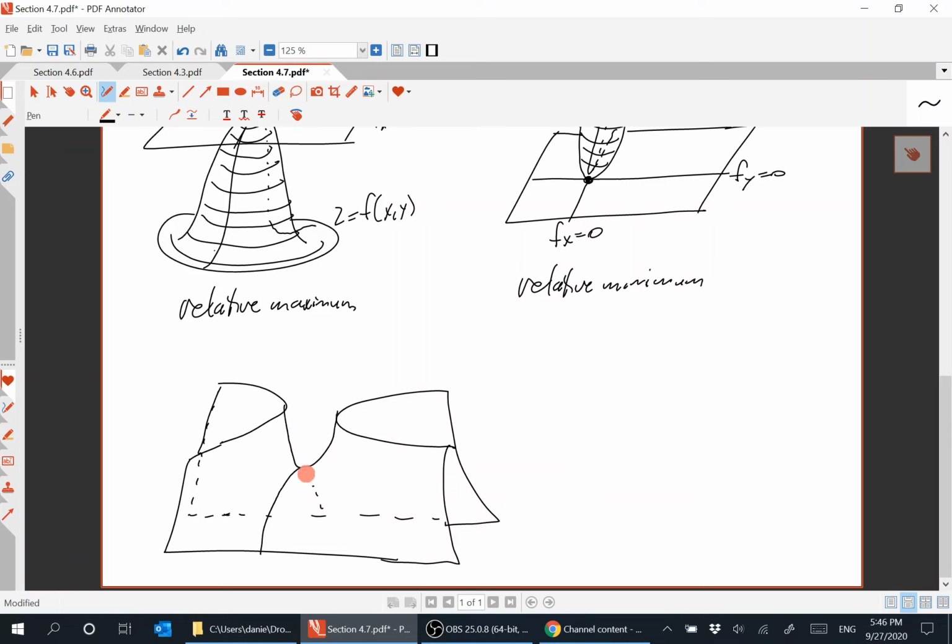So here in this picture, this would be fx, and it's equal to 0, this would be fy here, and that's equal to 0.